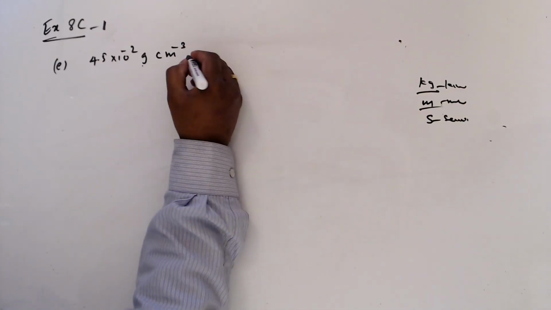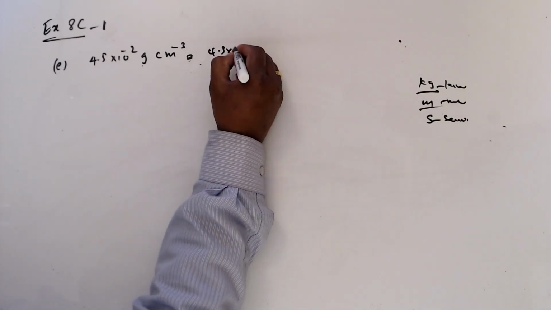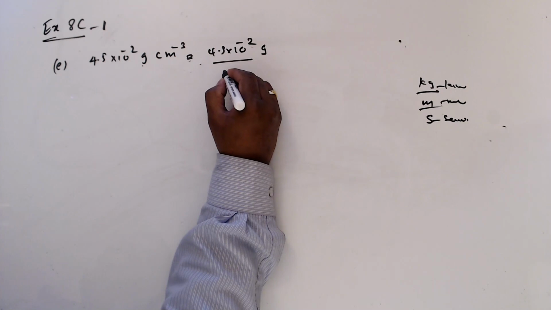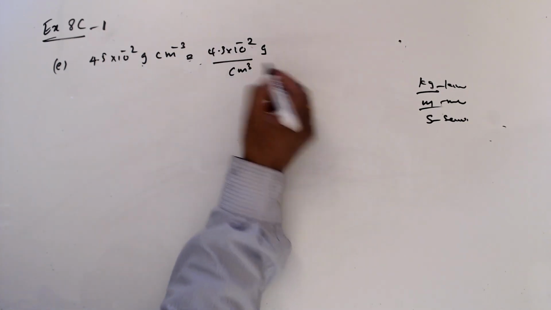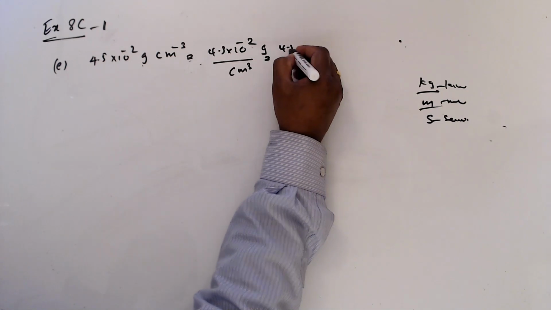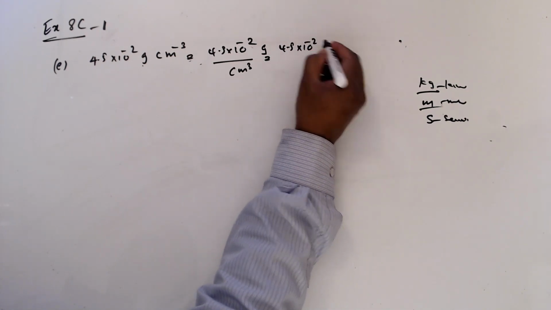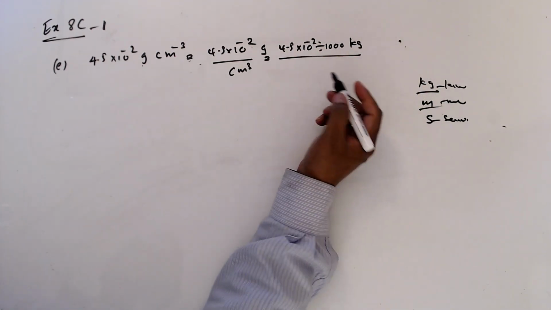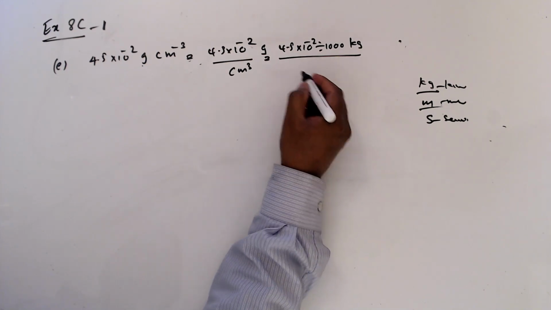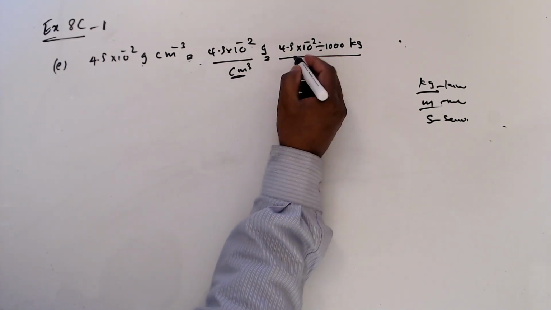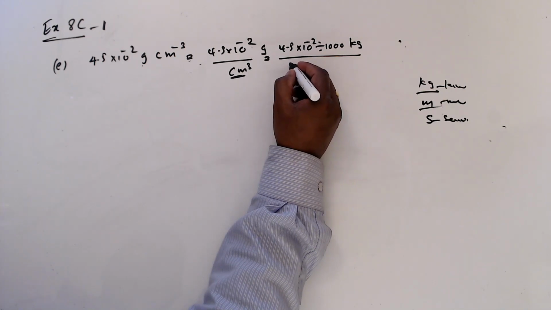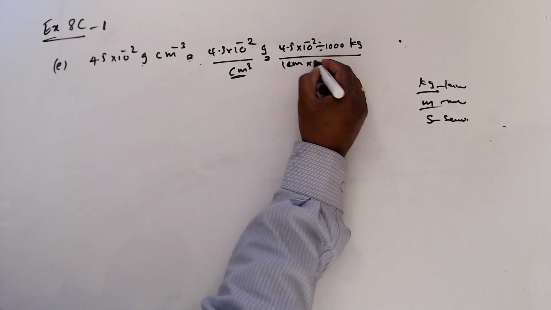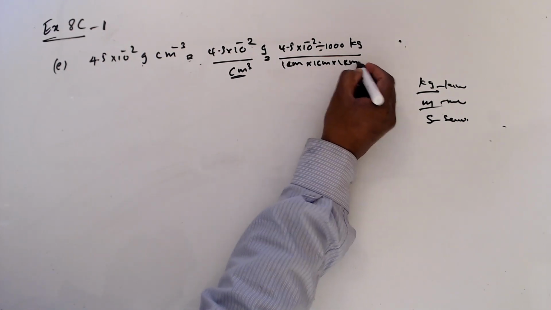So this is going to be 4.5 to the power minus 2 gram, and this is going to be cm3. So basically 4.5 times 10 to the power, divide by 1000, then it makes kilogram, and this is 3 cm, so this is going to be divided by 1 cm times 1 cm times 1 cm.